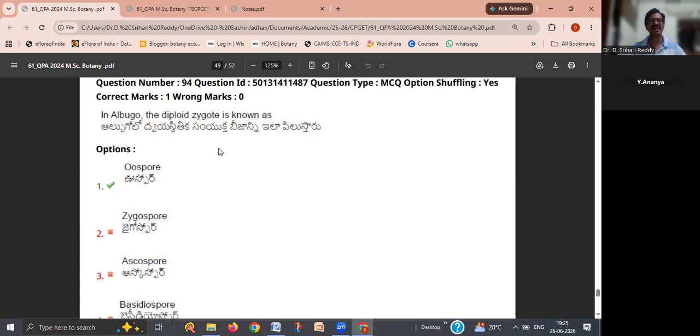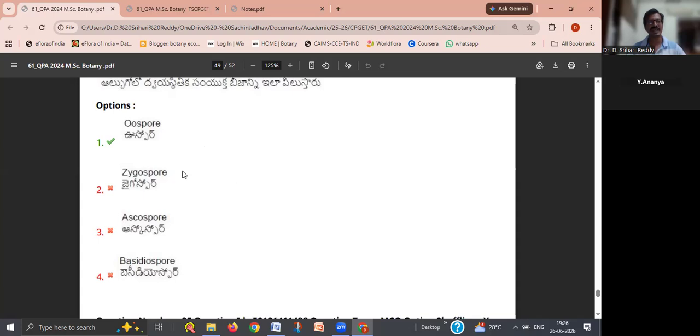So here what they are asking is, after the sexual reproduction, the diploid zygote is produced. What is the name of that? The diploid zygote is also known as oospore, zygospore, ascospore, basidiospore.